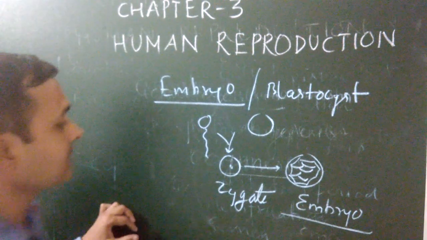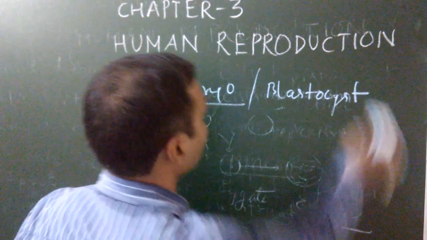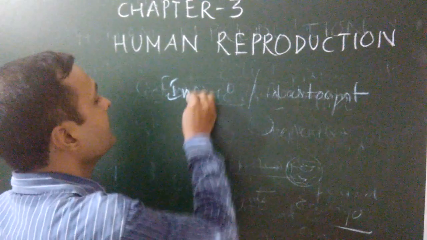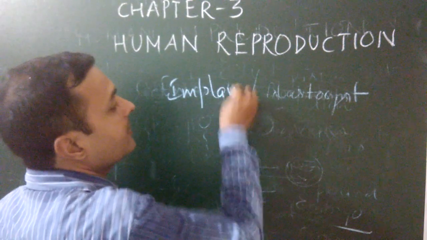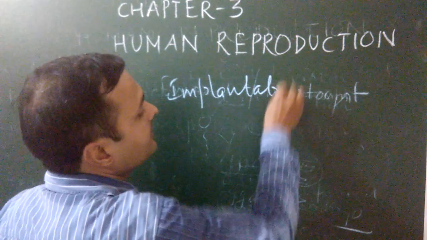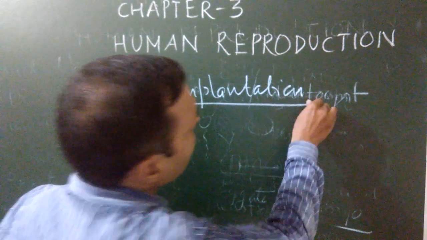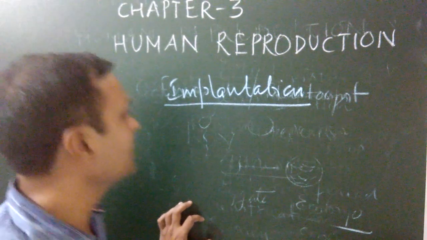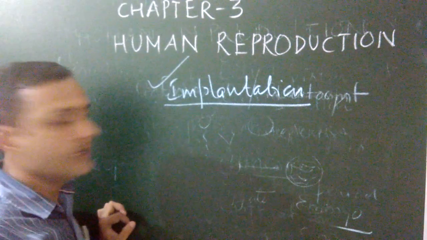Okay, come to the next. What do you mean by the term implantation? The process of embedding the embryo into the wall of the uterus in human females is known as implantation.